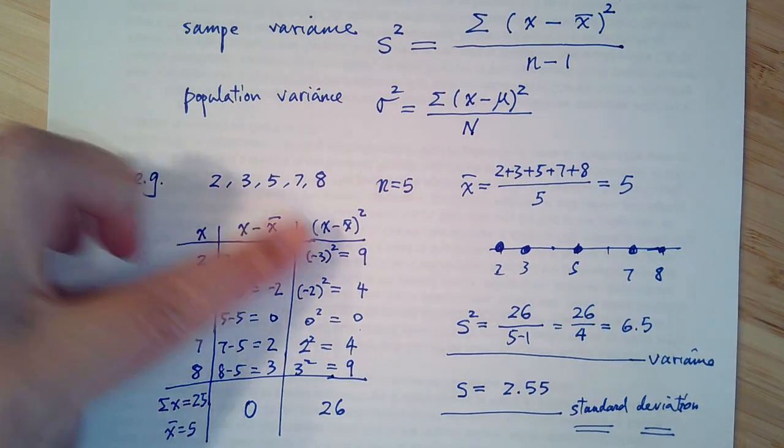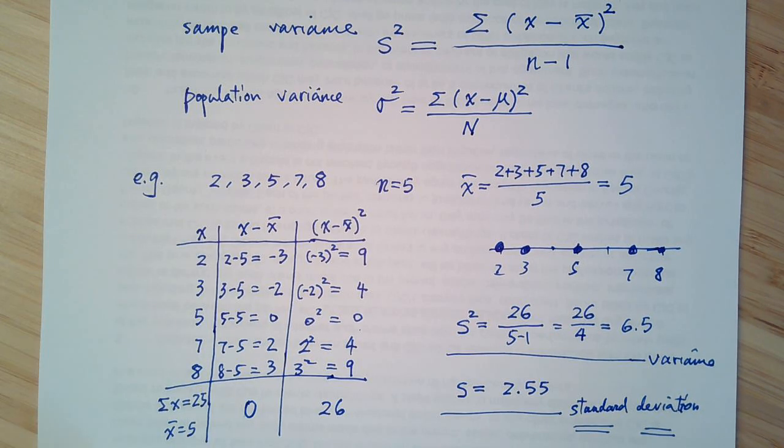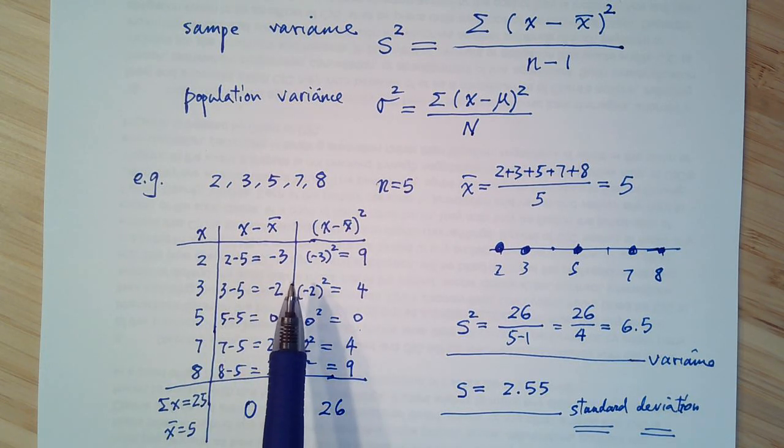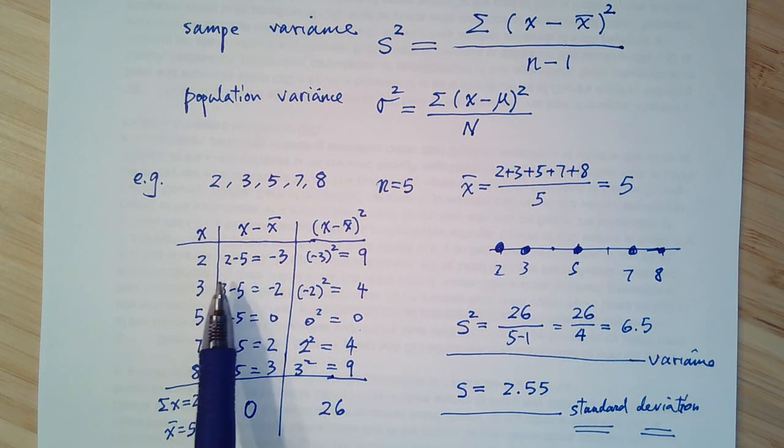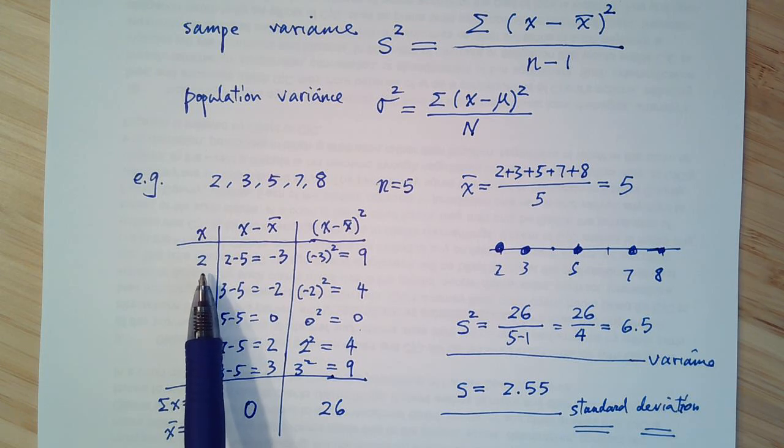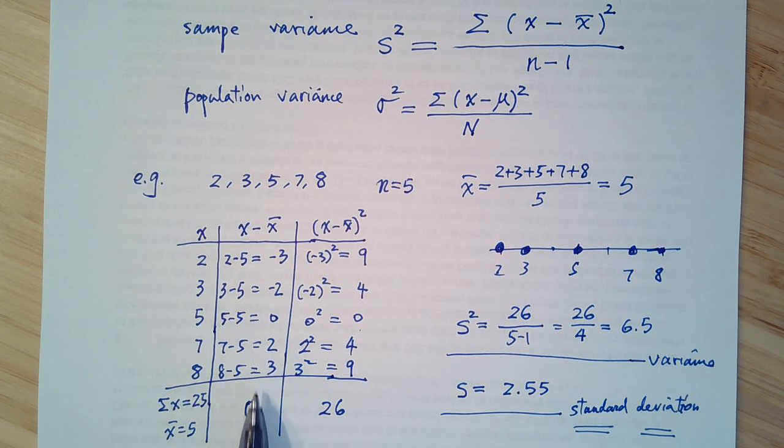The numbers I give you are fairly easy, and there are only 5 numbers. If you look at my slides, I think I have like 11 numbers or something, and the calculation is a little bit more complicated. It's not as simple as this one. I'll tell you a little trick that can save you some time when you use your calculator to get the difference for this column. Say you get 2 minus 5, you get a negative 3.